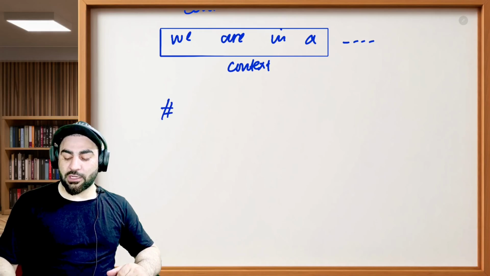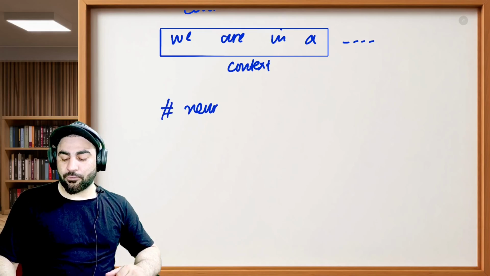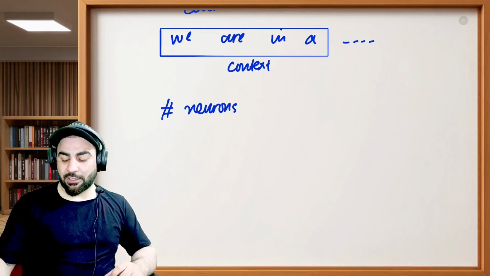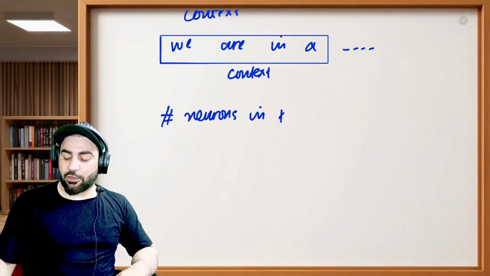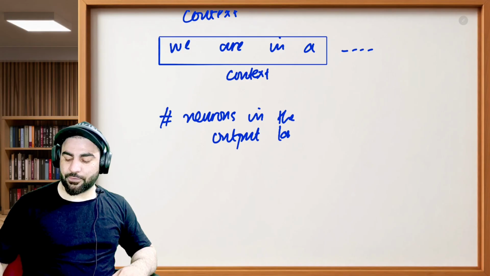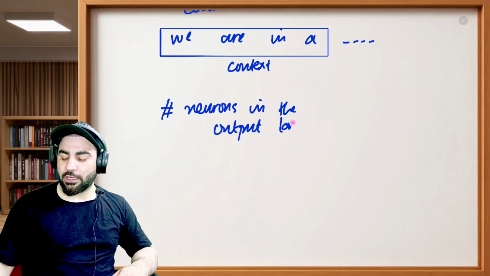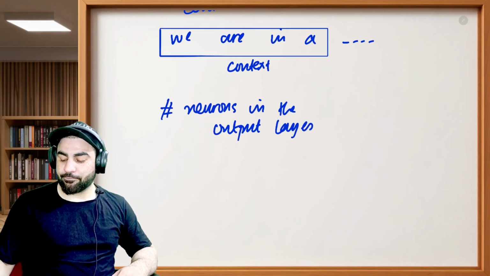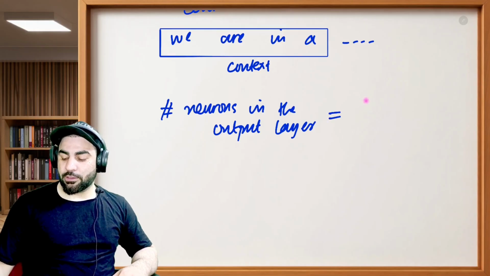The number of neurons, or computation units rather, in the output layer is equal to the cardinality of the vocabulary.